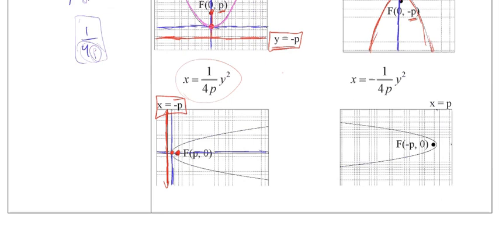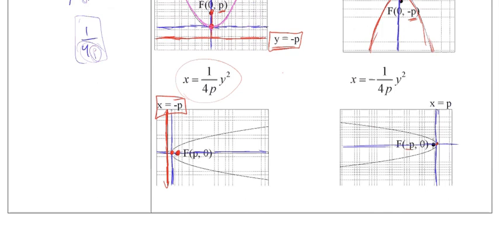And last one, though you probably got it at this point, here's our y-axis, here's our x-axis. The vertex is on the origin once again, meaning that this time the focus is to the left.